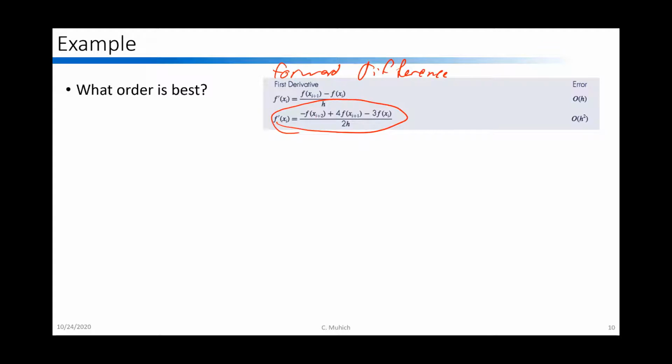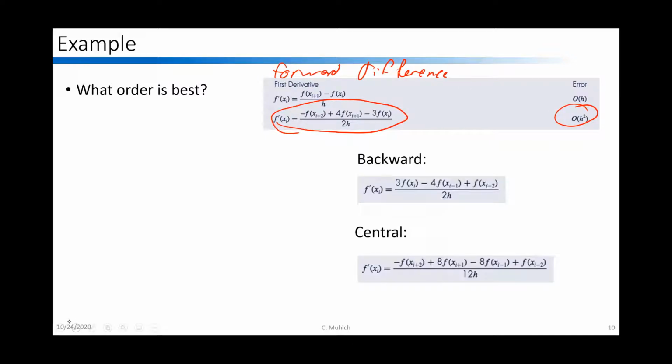So we're going to go with our second order estimate because we get a much lower error. So now I can pull out the second order estimate for backwards difference and central formulas written here and here. So now we need to figure out what the data is that we need to calculate these systems.